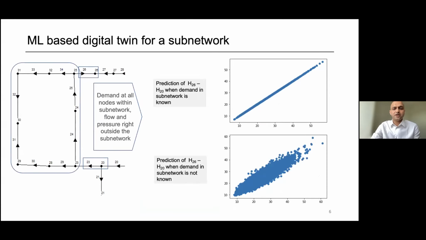And before we move there, we also tried some experiment again with the synthetic data, where we said, okay, if it is not a single pipe, but instead, say, let me call it a subnetwork, where I have some readings at one spot and some readings in another spot, I don't know what's going on in this whole subnetwork.